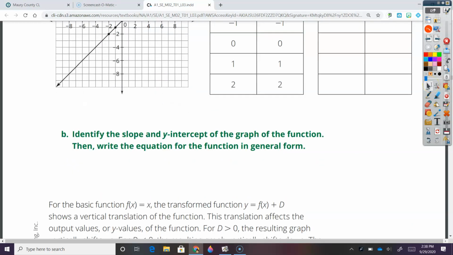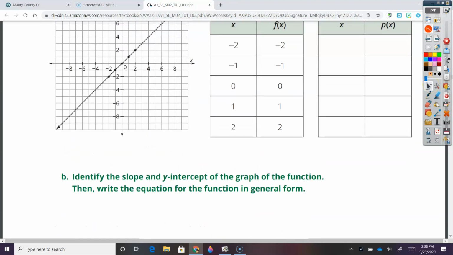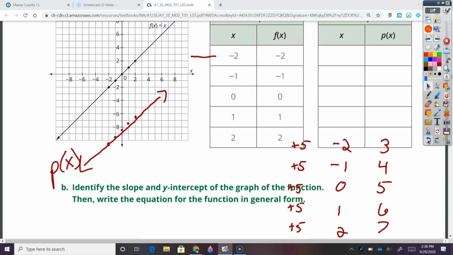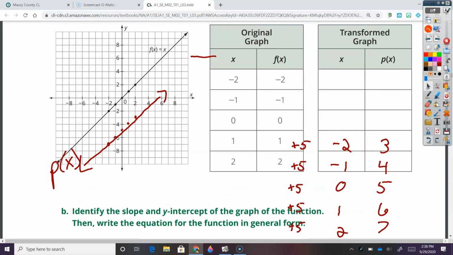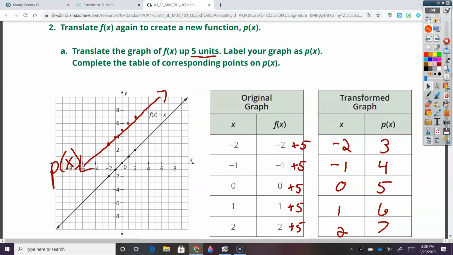Part B, identify the slope and the y-intercept of the graph of the function, then write the equation in general form. All right, so let's go back and put those values back in there the way we had them. It says we need to identify the slope and the y-intercept of our new function. So here the difference in my y's, 4 minus 3 over -1 minus -2, would be 1 over 1 again.